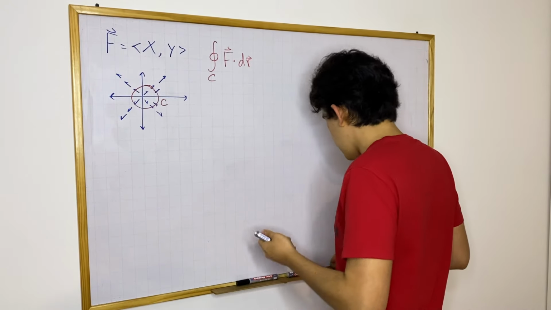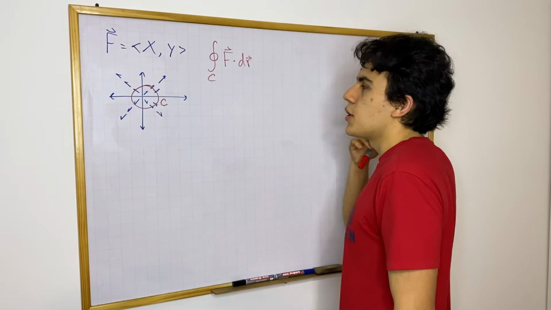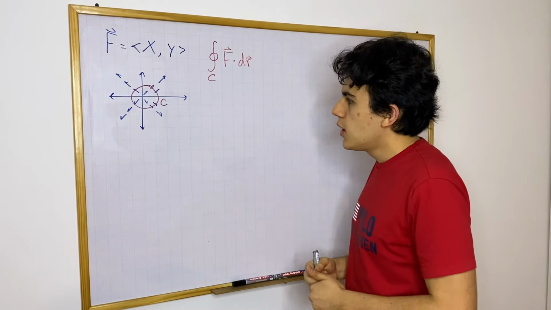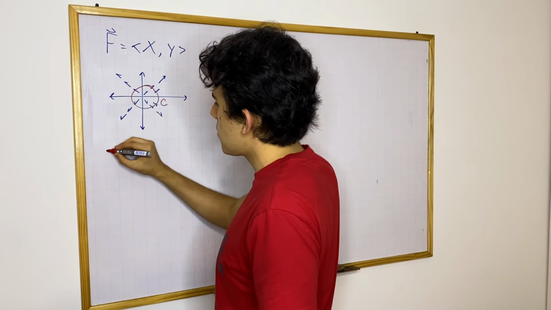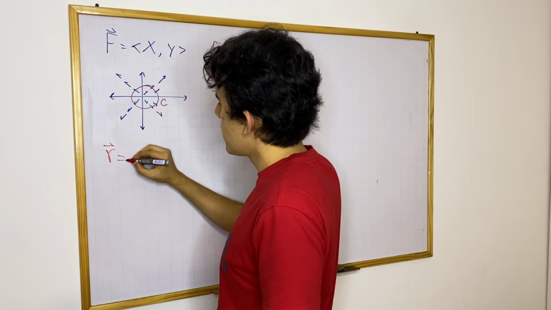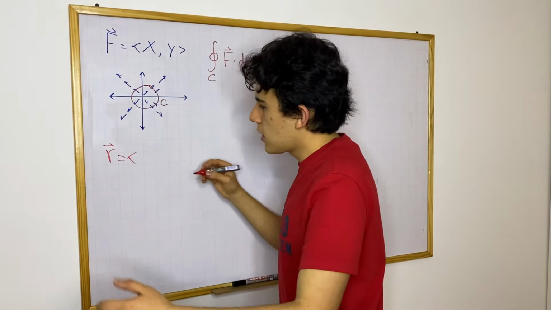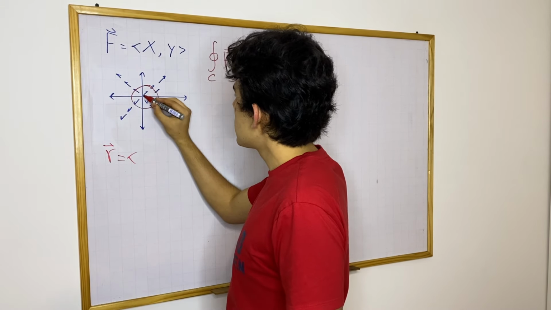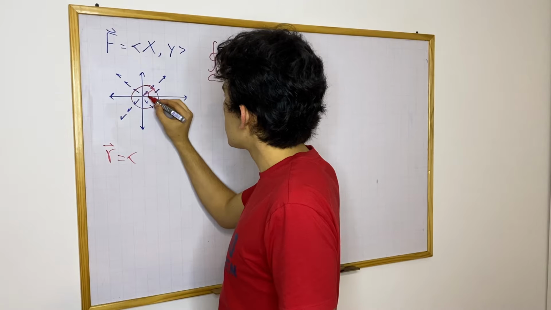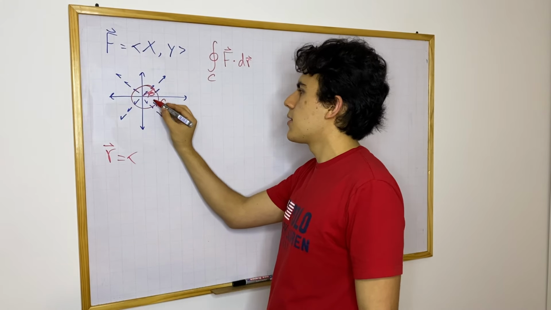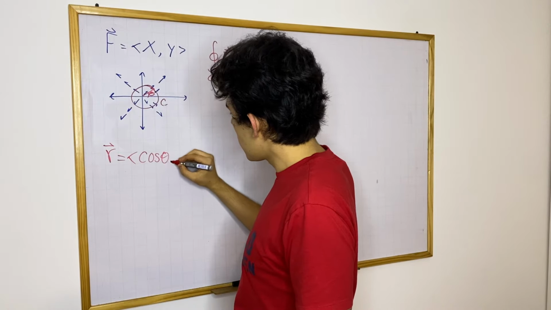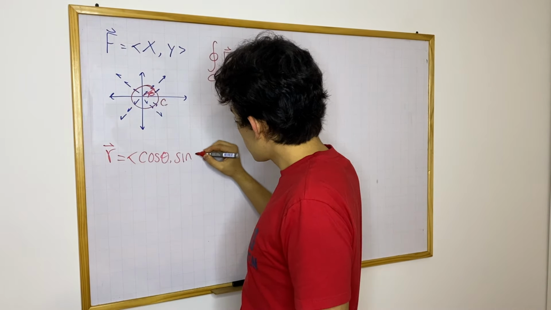Now let's get into the calculations we can do. One way we can solve this is to parameterize the circle. Let's say that r, our position vector, is going to be given in terms of an angle theta. We have a theta here, and we're going to have cosine theta, sine theta.